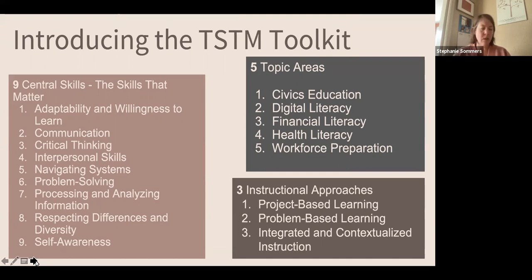And then it also highlights 3 instructional approaches that are known to be very successful: project-based learning, problem-based learning, and integrated and contextualized instruction. Those 3 approaches are particularly useful because they allow many different skills to be combined and taught at the same time.